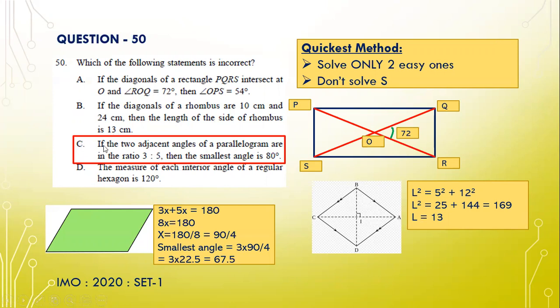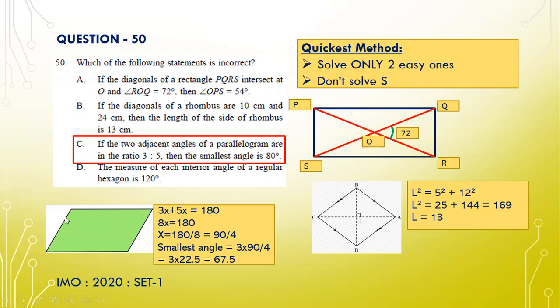Let's see option C. If the two adjacent angles of a parallelogram are in the ratio of 3:5, then the smallest angle is 80 degrees. Let's find out. Let this angle be 3x, then this is 5x. Now 3x plus 5x is 180, because it is a parallelogram and the sum of adjacent angles is 180.